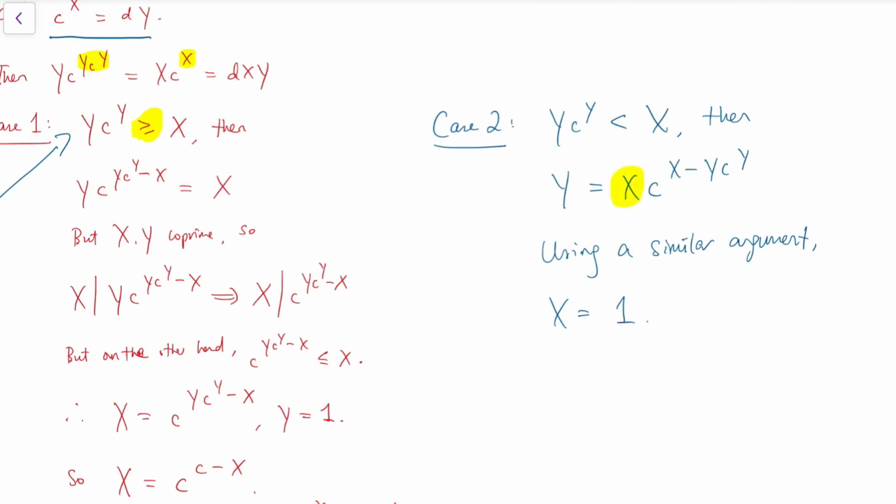This number has to be 1 because of those coprime things.